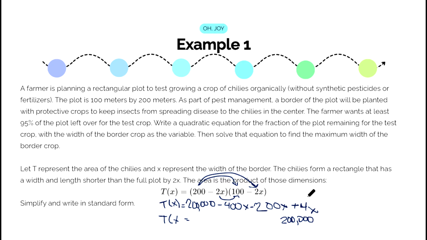So 200,000 is going to stay there. We did have an x squared: that's going to be 4x squared. Am I confusing you? Because I'm confusing myself. And then these two can be combined, so it's minus 600x.